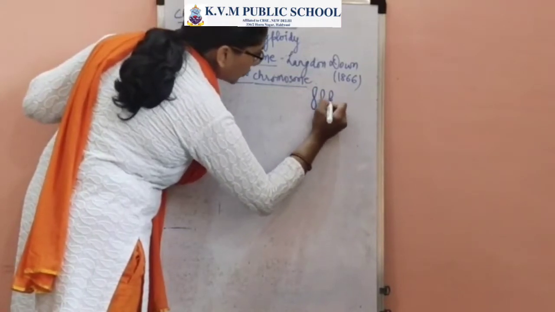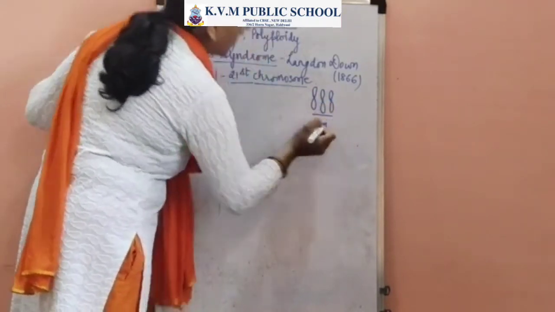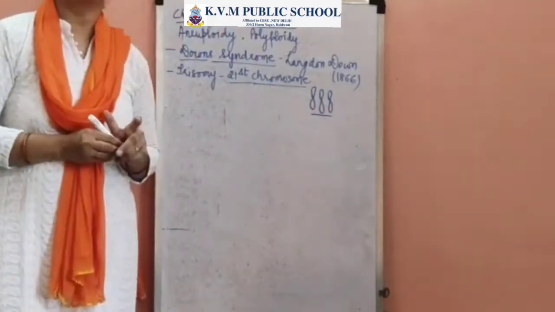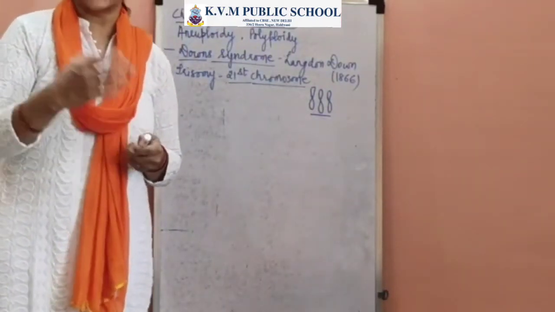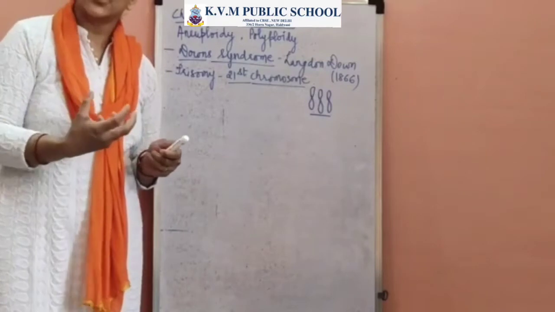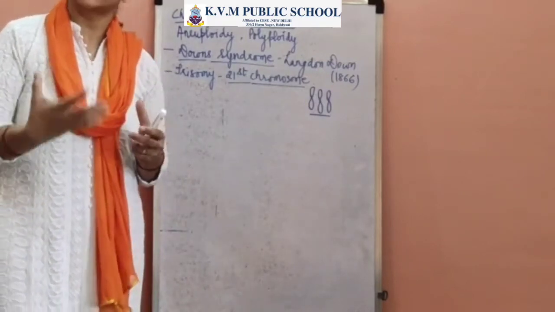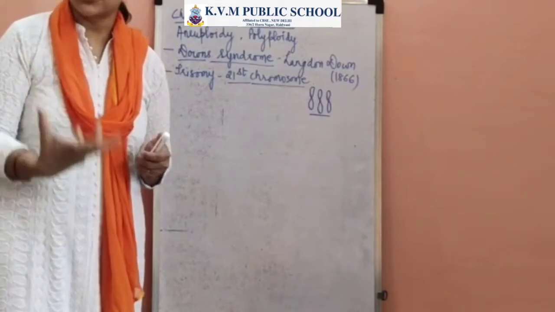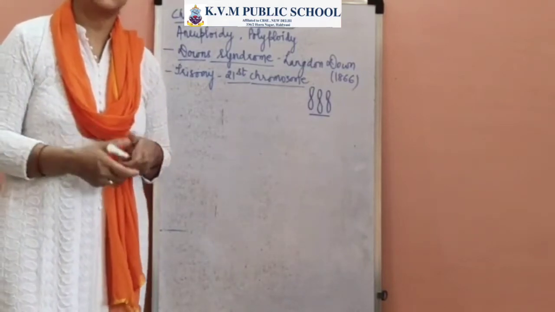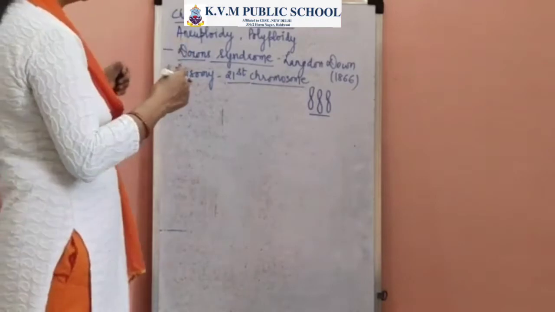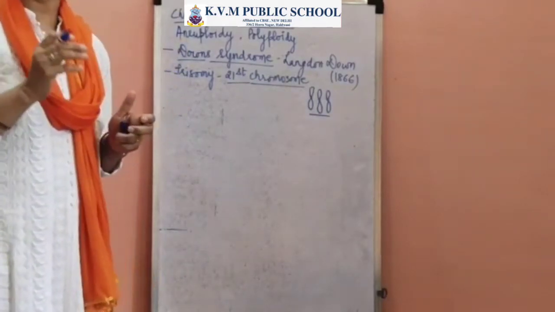It can be shown like this. Because of that extra chromosome, such individuals keep on salivating, they've got a protruding tongue, short stature, protruding jaws, and Palmer's crest.